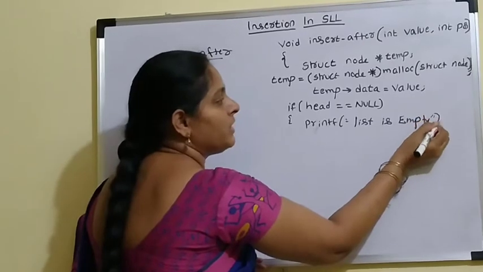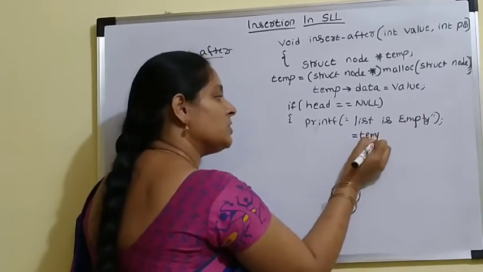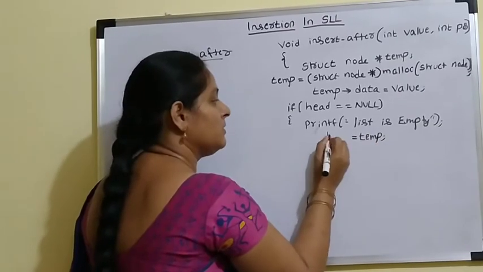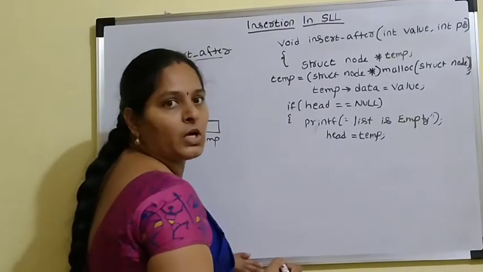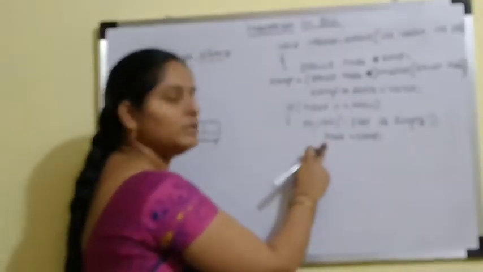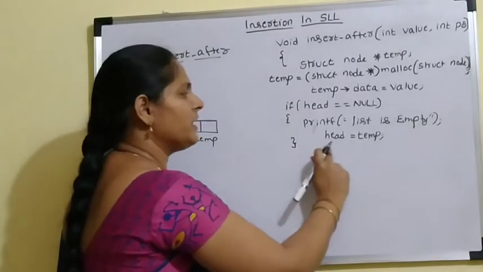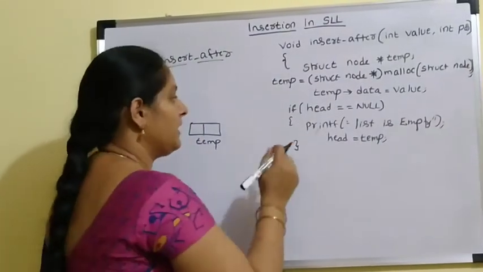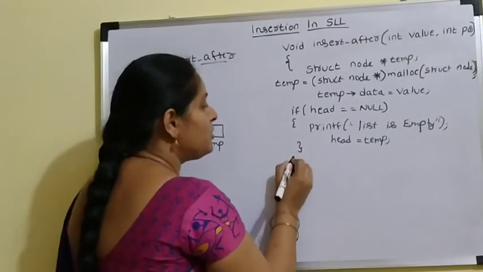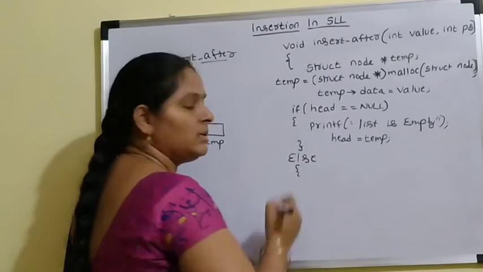If the list is empty, our inserting node will be the first node as well as the last node. Here you can also write head next equal to null or temp next equal to null. Right? Suppose the list contains some elements.